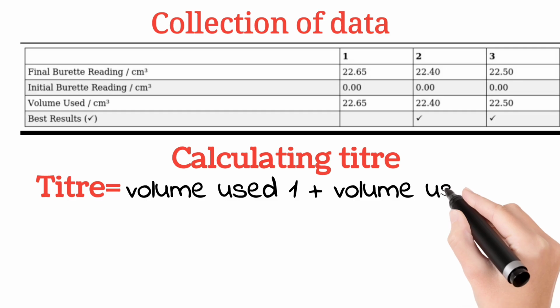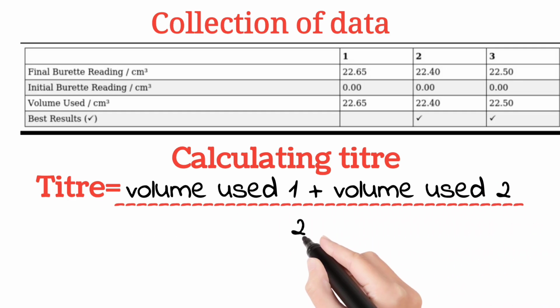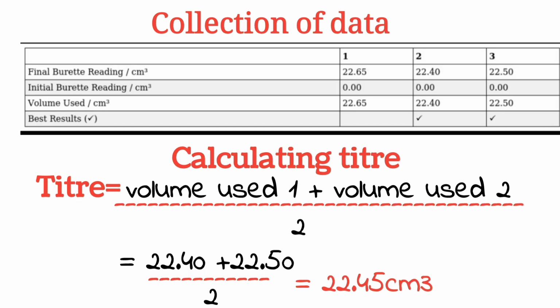How do we get the titer? The titer is the volume of the acid used. We said we use only 2 and 3 when we are doing our calculation, so we are assuming that 1 never exists. In our formula, volume 1 plus volume 2, we are working just with 2 and 3 here.